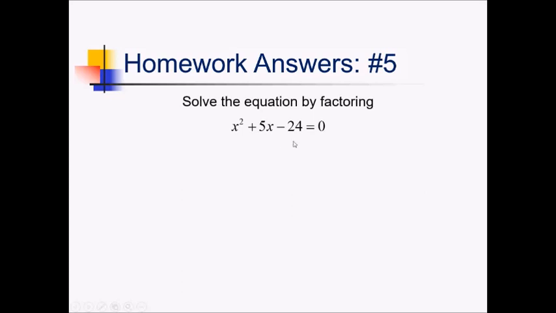If we had negative 3 and positive 8, that would add up to 5. So then we can factor this into x minus 3 and x plus 8, and we still have the equal 0. Setting these each equal to 0 now, we see that x values of 3 and negative 8 will zero out each of those parentheses. So those are our answers.